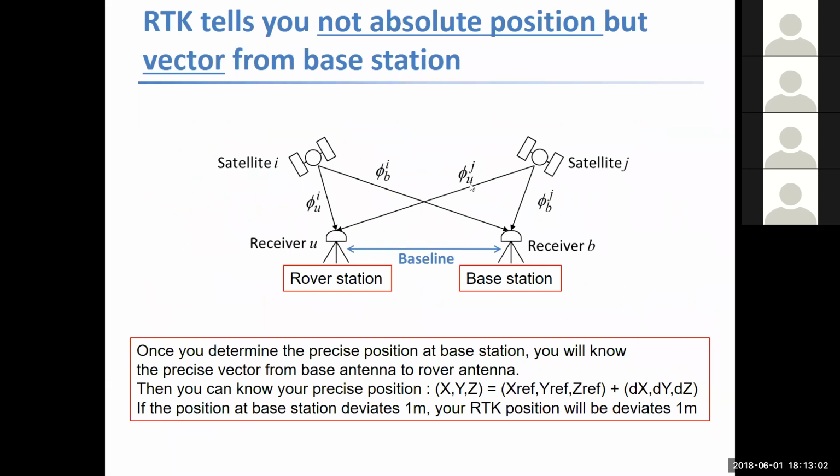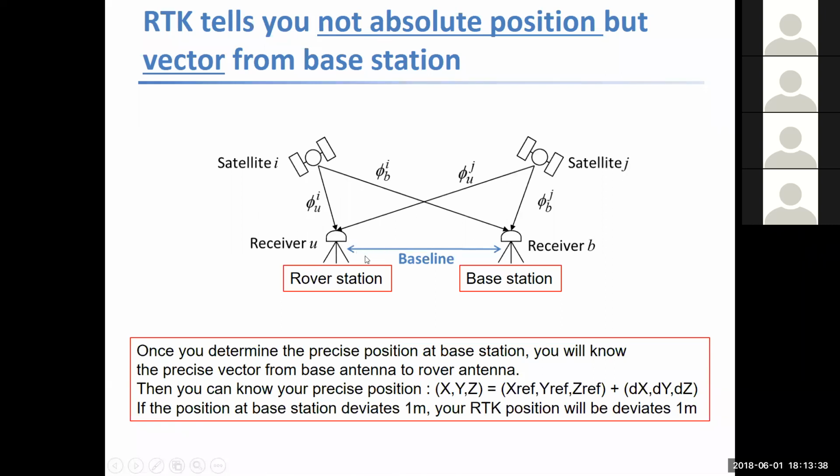As you might already know, RTK, real-time kinematic, tells you not the absolute position, but the vector from the base station. Vector means from the base station to the user, the rover station. So once you determine the precise position at the base station, for example X, Y, Z in the ECEF coordinate, you will know the precise vector from the base antenna to the rover antenna.